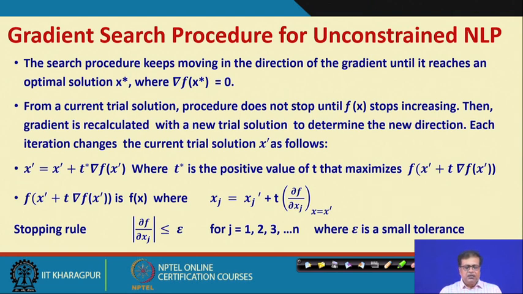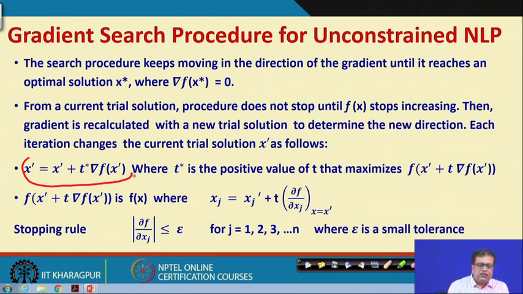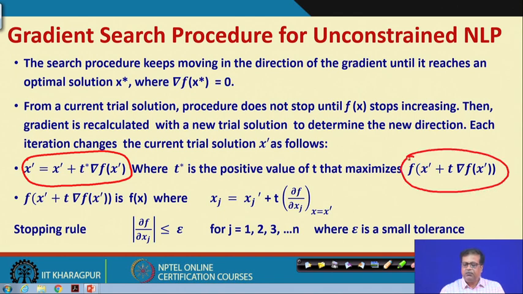Supposing this procedure is shown for a maximization problem, and we find a gradient, then we know that if we go in the direction of the gradient and we see f(x) is increasing, then we recalculate the gradient for a new trial solution x dash, where x dash equals x dash plus t star times the gradient, where t star is the positive value of t that maximizes the function at that point, right.